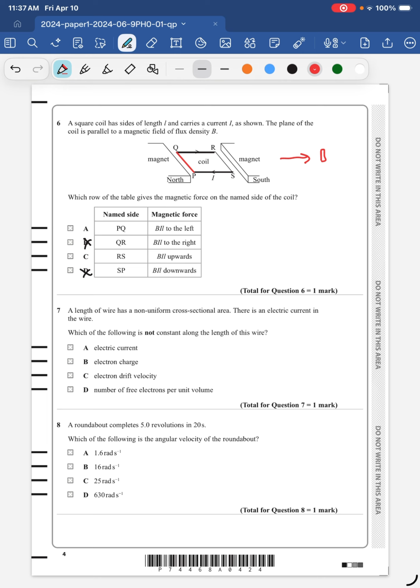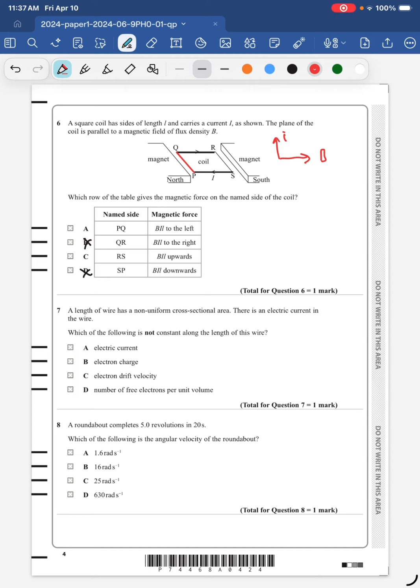So our index finger should point in the direction of B, and then our middle finger should point in the direction of I, and in this case, I points that way. Therefore, for the force, if you use your left hand, your thumb will point into the page.